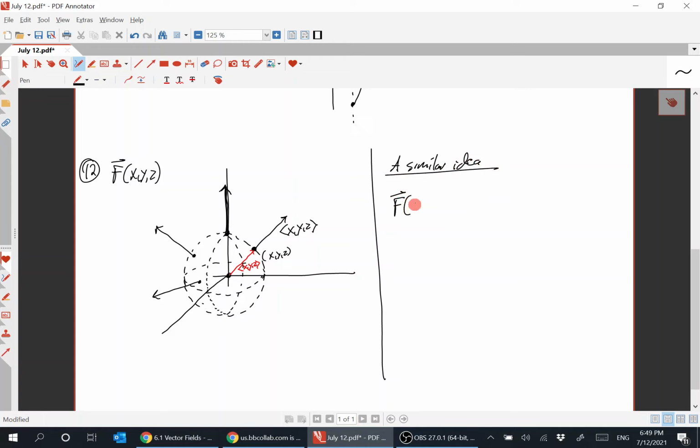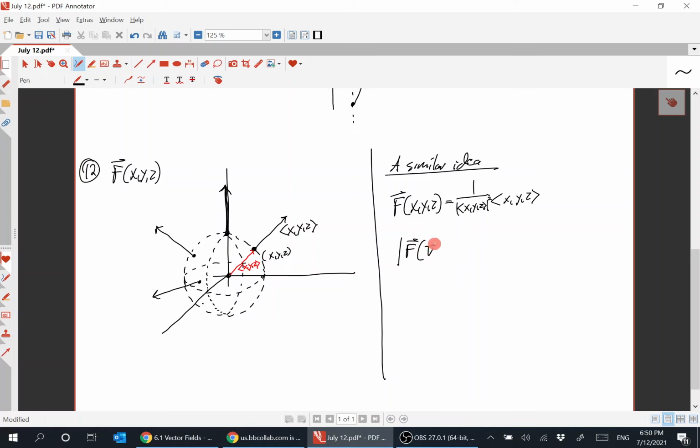If you had F(x, y, z) equal to <x, y, z>, but instead you multiply that by the scalar 1 over the length of <x, y, z> squared.